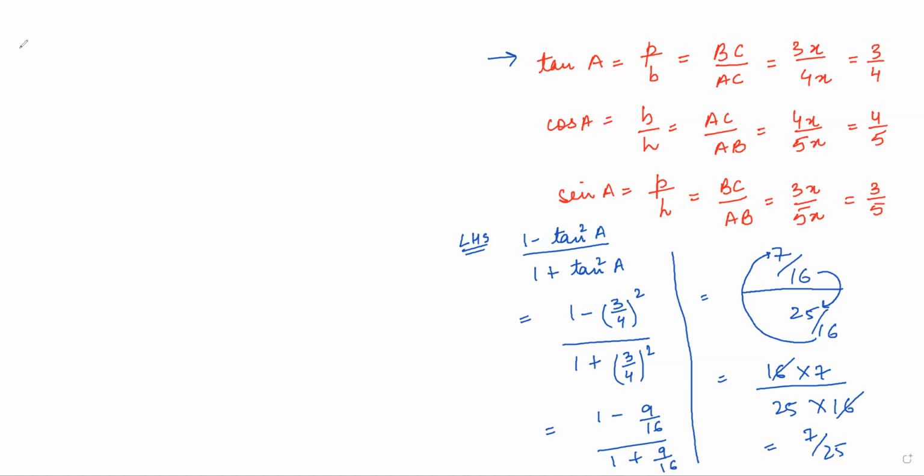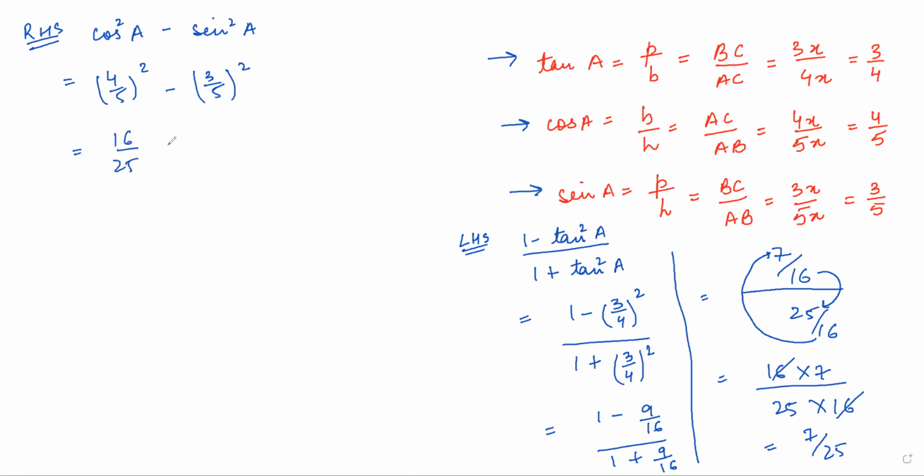Now also check the RHS. So RHS is cos square A minus sine square A. Now put the values. So cos A we have found, right? 4 by 5. So 4 by 5 whole square minus sine of A, this is 3 by 5. So 3 by 5 whole square. So I have 16 by 25 minus 9 by 25.